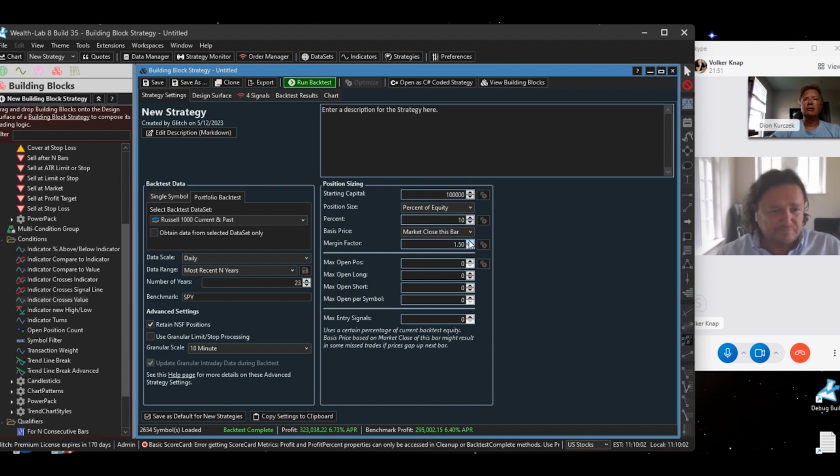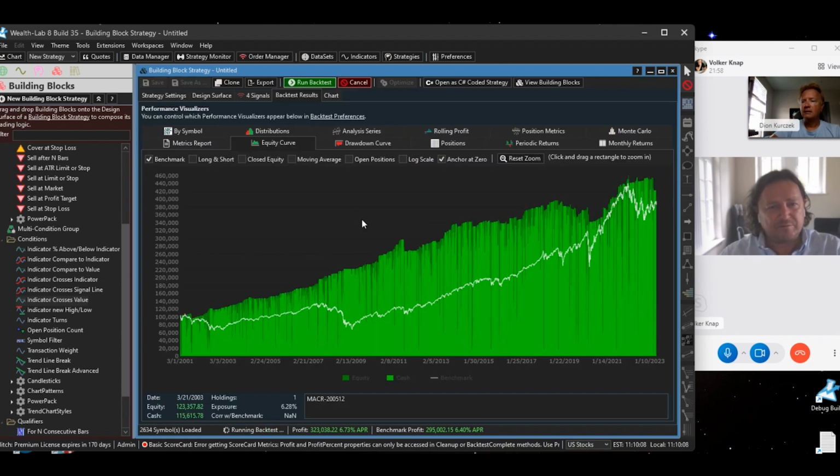So why don't we give it a little bit of margin, maybe 12, at 10%. Let's see what that gives us if we're able to squeeze a little bit more out of the 10% position size. And after we do that, I want to try changing the Bollinger Band standard deviation.